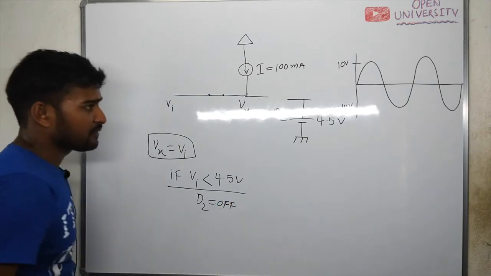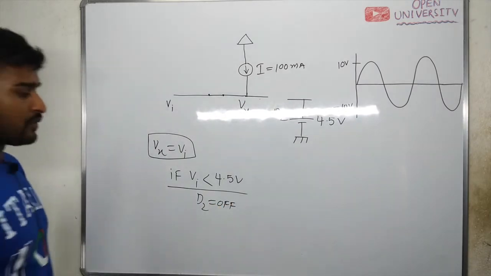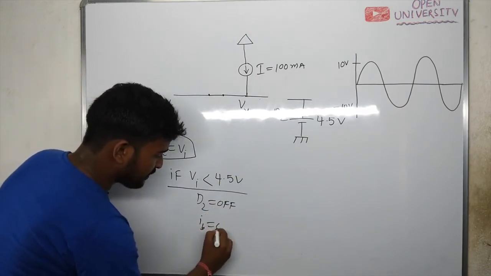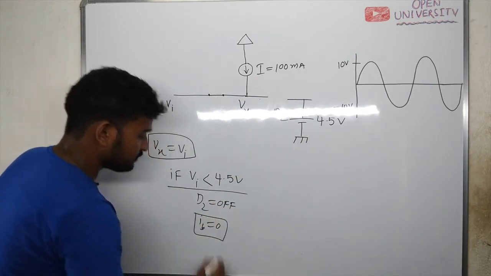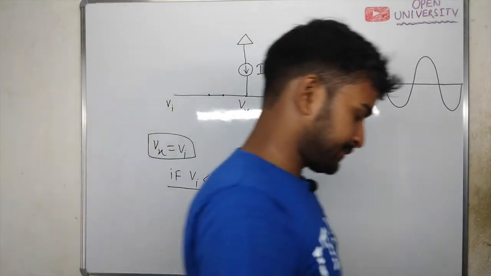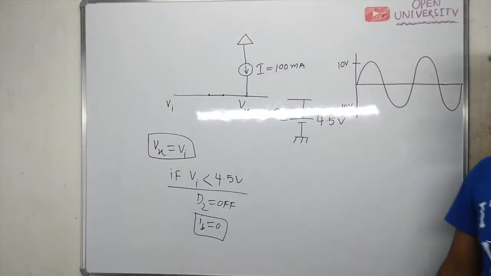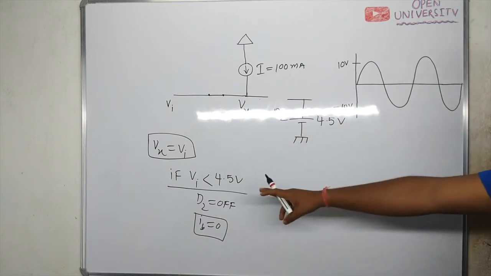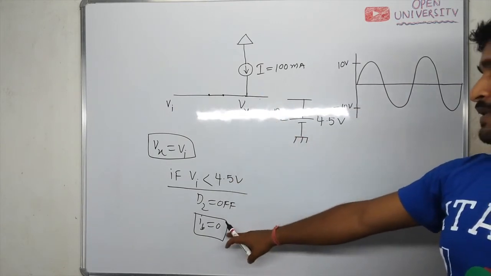If D2 is off, then what is the current through D2? What is IB? IB will be 0. So for input voltage less than 4.5 volt, your IB is 0.